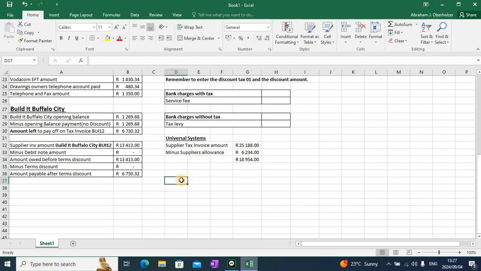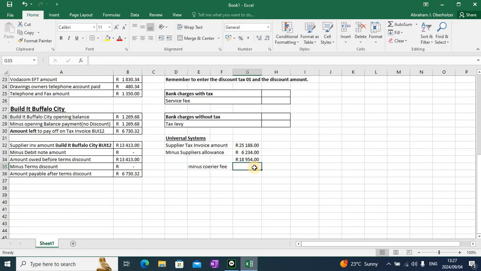Okay, remember, we only get discount on the amount for the steel racks. Minus courier fee.